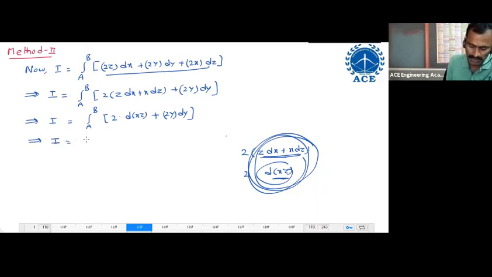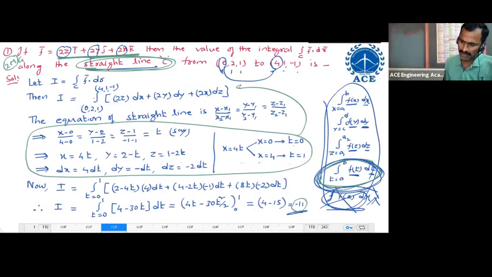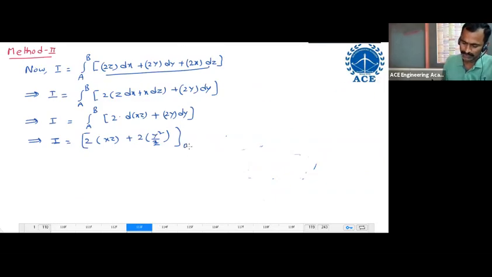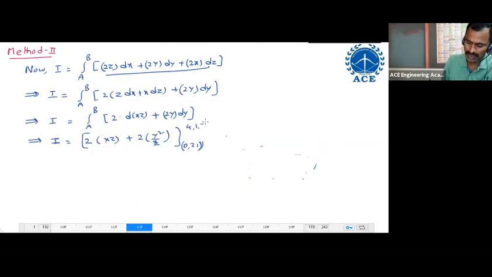I equals 2 into the integral of 1 with respect to xz, which is xz, plus 2 into the integral of y with respect to y, which is y square by 2, from the points 0, 2, 1 to 4, 1, minus 1.